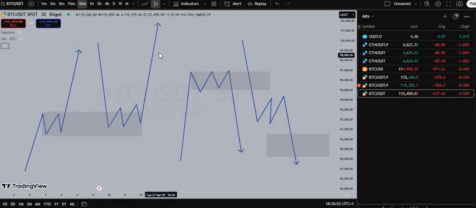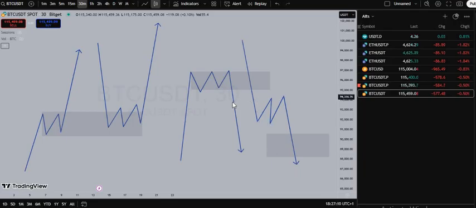For me, I only trade supply and demand in this fashion, with rally base rally and drop base drop being the only structures that I look forward to trading.